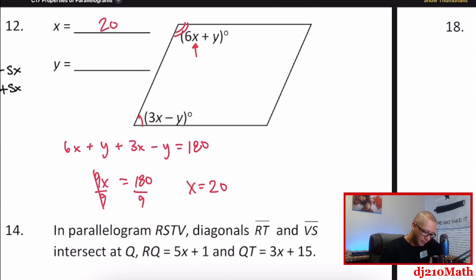If I plug in 20, 6 times 20 is 120, so 120 plus y.